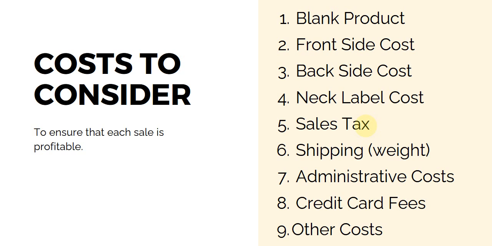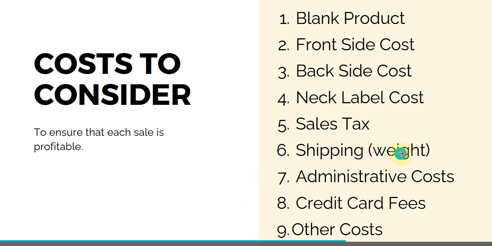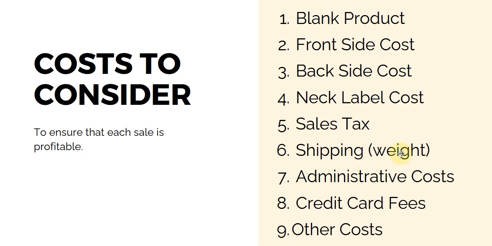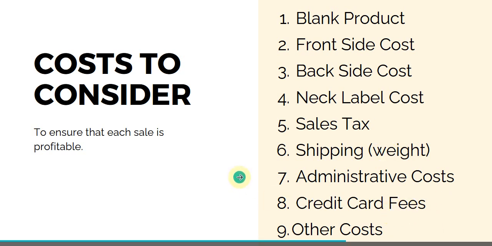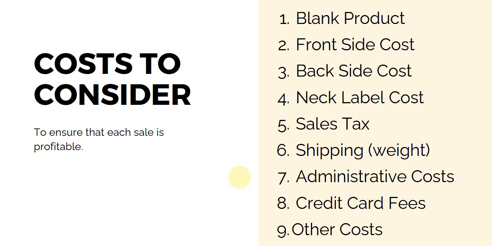That means our shipping costs, and we said that our shipping cost is starting at $3.99. We also have administrative costs. So if, for example, you're on a platform like Etsy, Etsy will enable you to set up your shop for free.